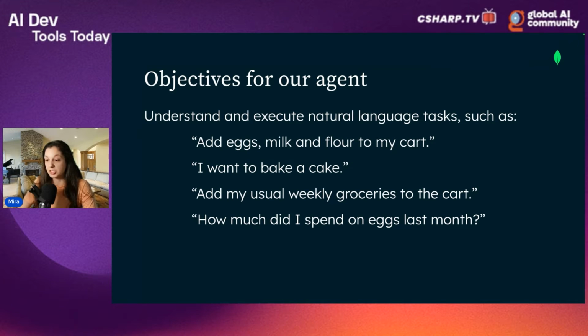So if I ask how much I spent on X last month, I want the agent to be able to access this data and analyze it for me. Of course, these are all tasks that you can do manually through some UI. My goal is to optimize this process, to augment my experience and to use the AI agent to make my life easier.